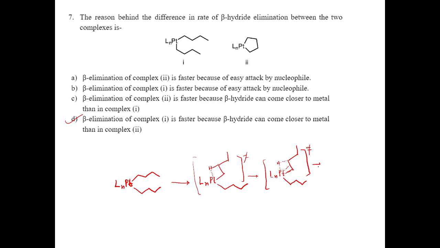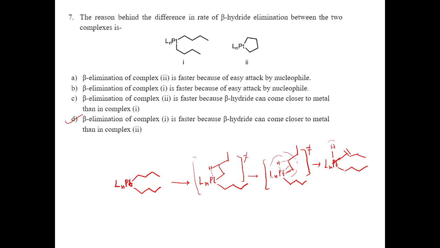So what will happen is that this type of thing will form, right? This can only form because this type of four-membered transition state can form in this case.